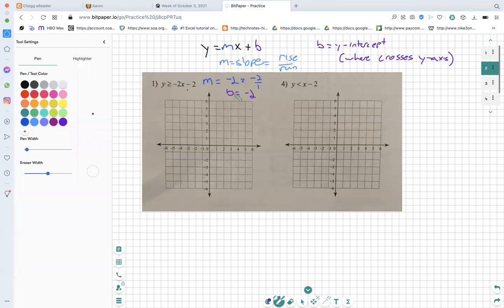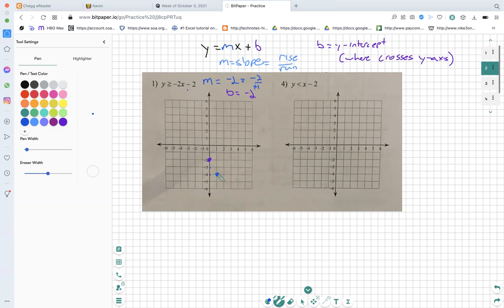So the first thing I do, remember, the b is where it crosses the y-axis. So where it crosses the y-axis is at -2. So I mark that point at -2. The next part comes the slope. The slope is -2, which means rise -2, run 1, or +1. So I'm going to go down 2, because that's -2, and I'm going to go right 1.